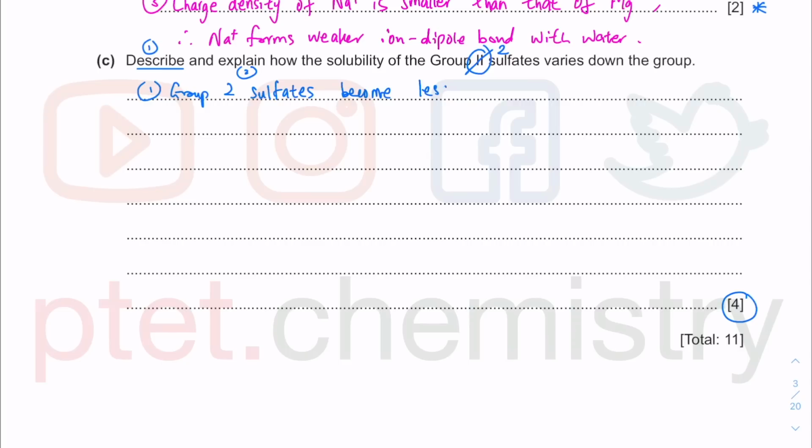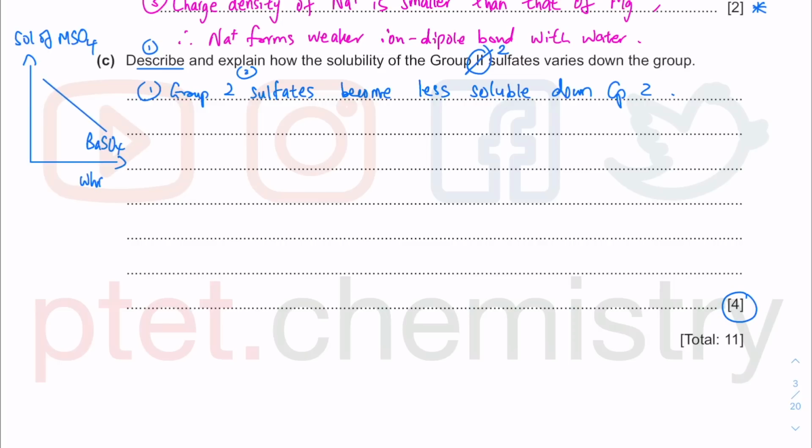So the way I think about it is I know about barium sulfate. Barium sulfate is something that you would have precipitated out as a test for sulfate in practical, if you have done practical before. So there's barium sulfate, which is a white precipitate. Now magnesium sulfate is not like the most soluble thing in the world, but it is slightly soluble in water.